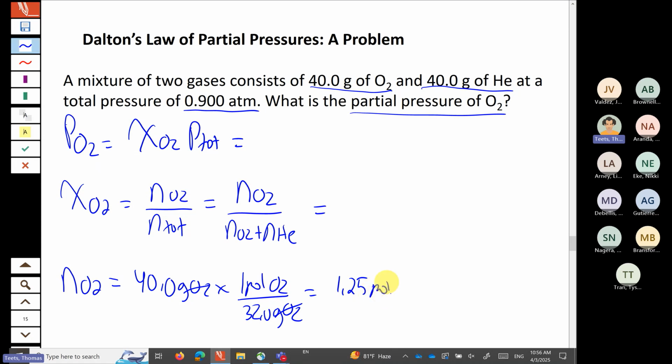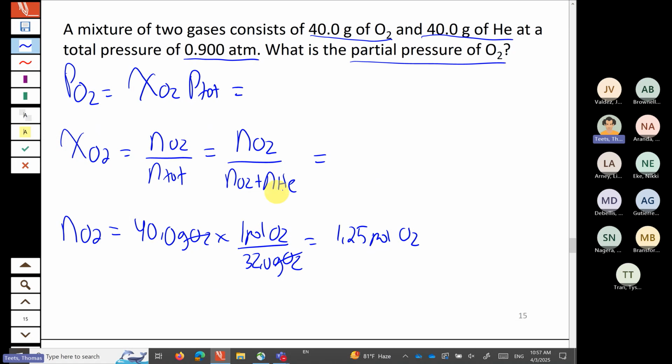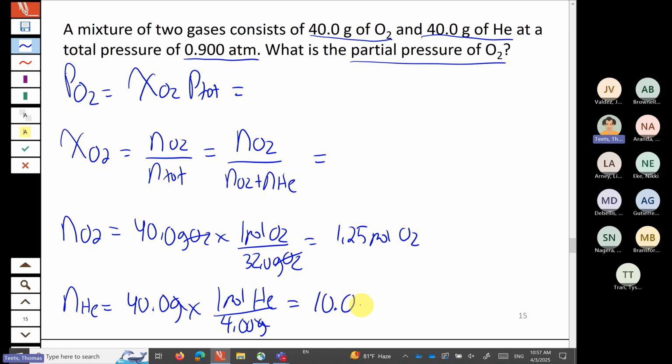Then I have to do the same thing for the other gas, helium. Even though we're not solving for the partial pressure of helium, we do need that here to figure out what the total number of moles are. So the moles for helium is going to be, we also have 40 grams of that, but its molar mass is much smaller. It's only 4. So that would come from the periodic table, 4 grams per mole for helium. And so we have 10 moles in this mixture.